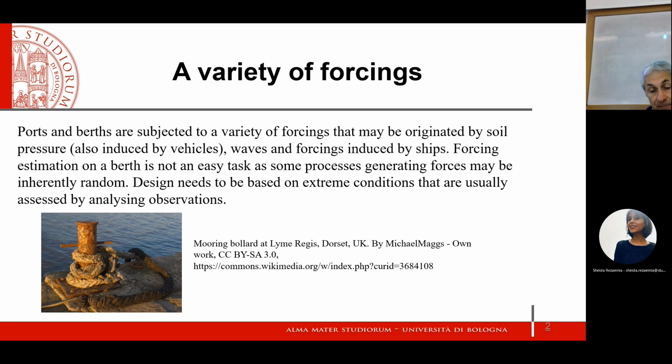It means that very often you have to rely on observations in order to make your design. And it means that you have to use an inductive approach. Inductive means you start from observing something, you look at what happened in the past, and then from the data, from your past experience, you come to a design.